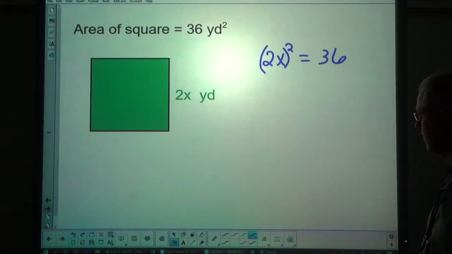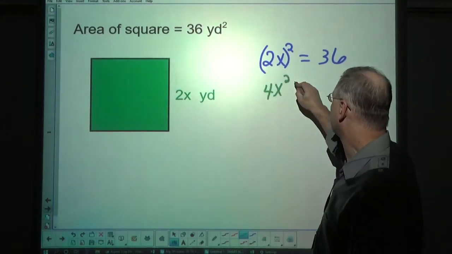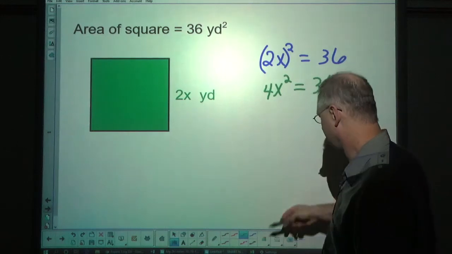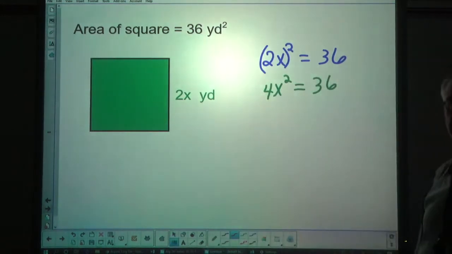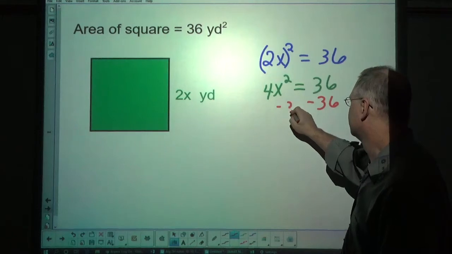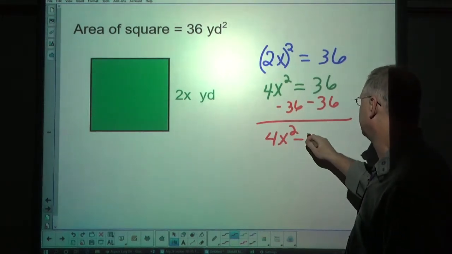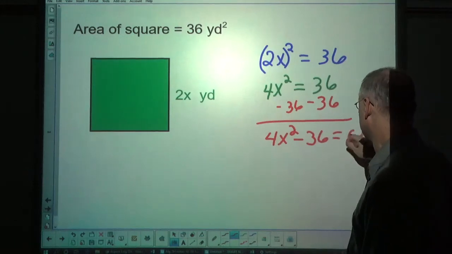2x is being squared, which really is 4x squared equals 36. Now, we would like to get all our variables, all our expressed terms on the same side, and so it equals 0, so I'm subtracting 36. 4x squared minus 36 equals 0.